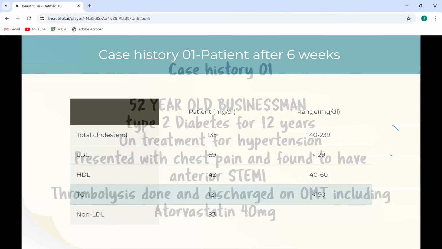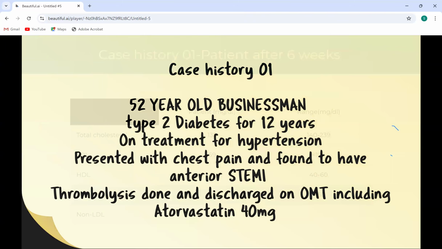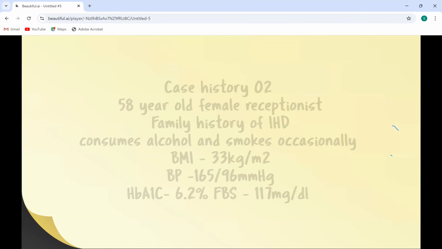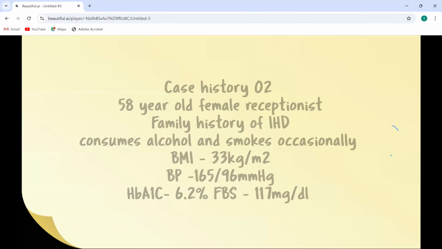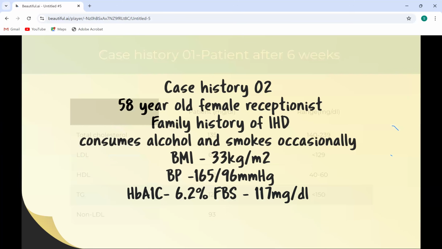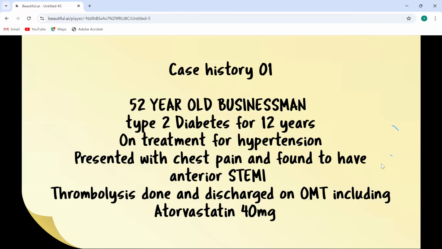Second case, so I'll finish the first case. Somebody has said it depends on the initial LDL level. But like I said, remember this patient has had a STEMI. So any patient who's had a cardiovascular event, your LDL target should be 55, irrespective of whether they've had a stent or not.